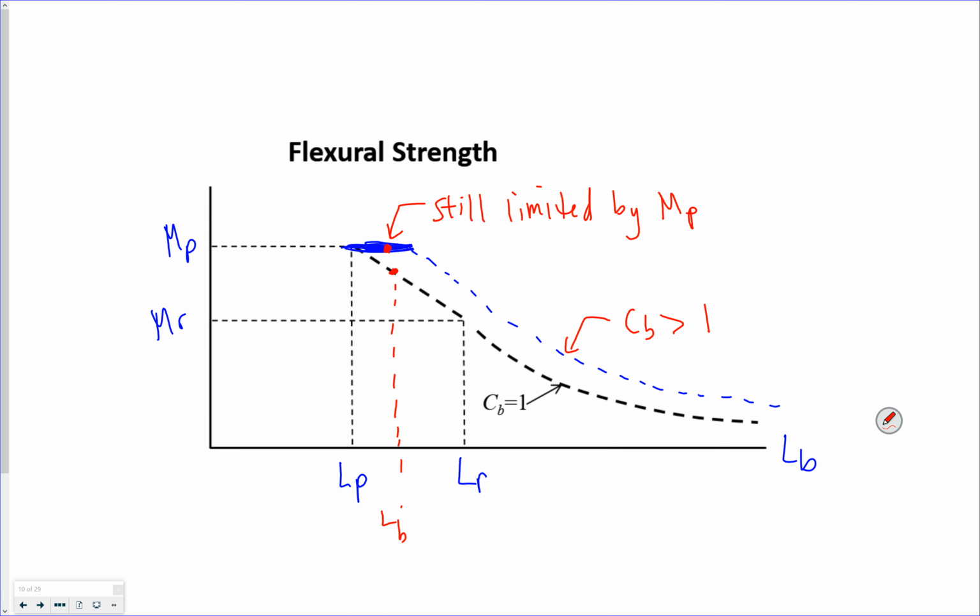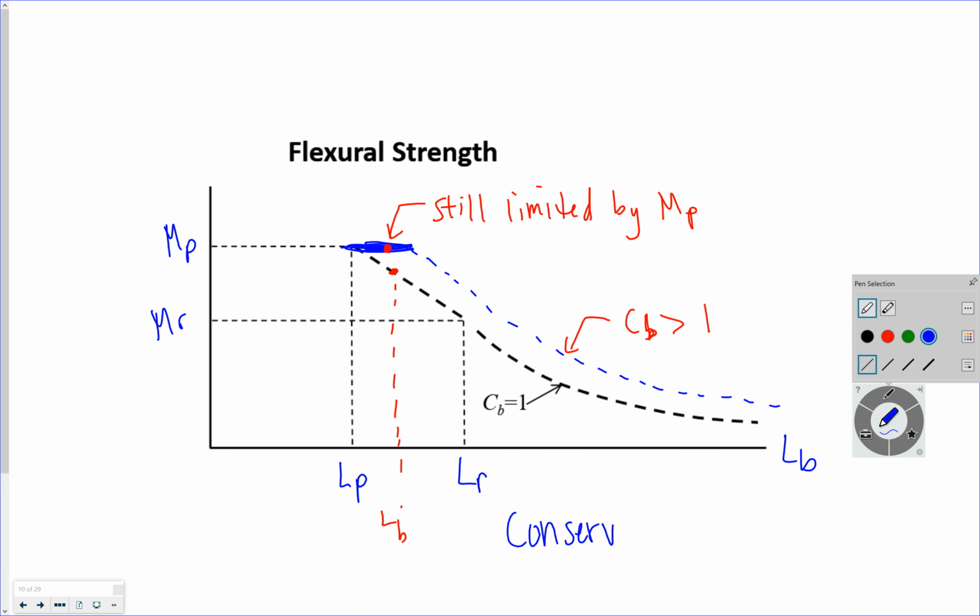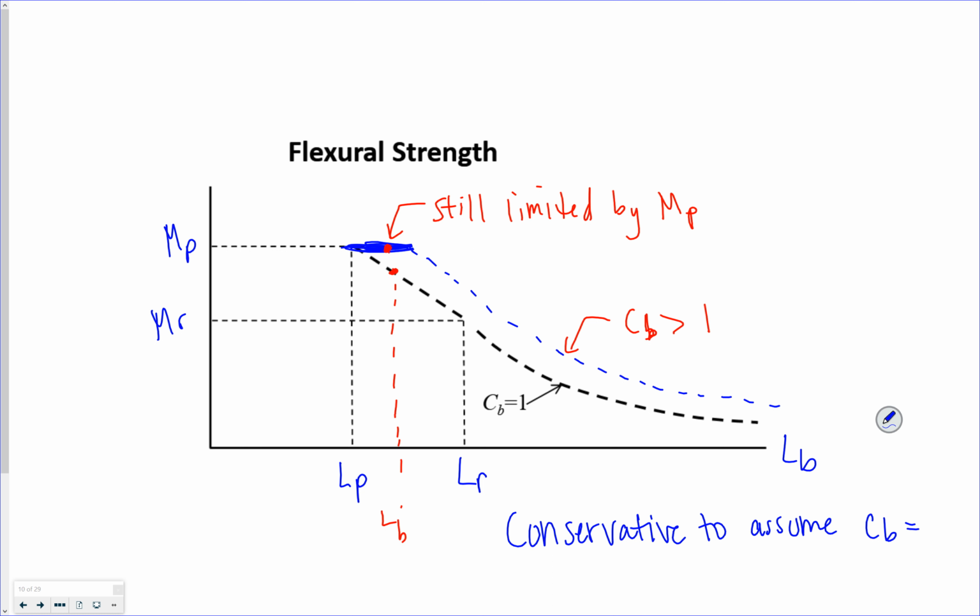But if I have a different distribution and my CB is greater than 1, I will reach my plastic moment before lateral torsional buckling. That is why it is actually conservative to assume your CB is equal to 1.